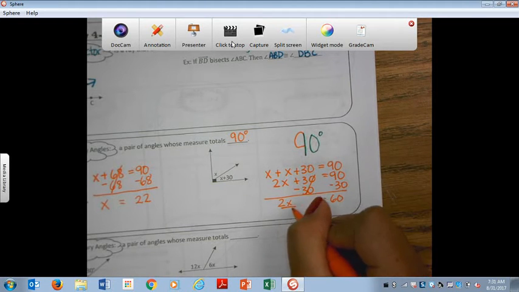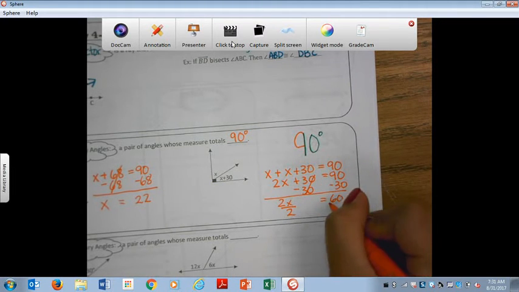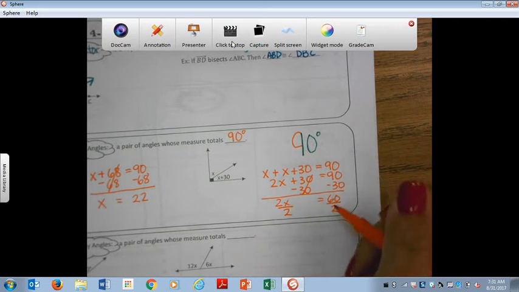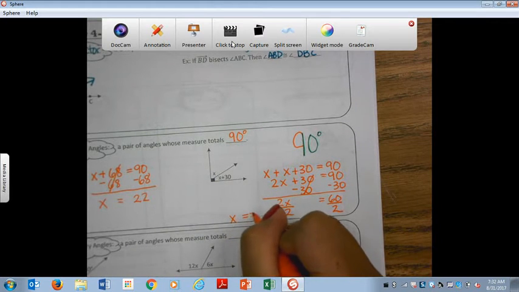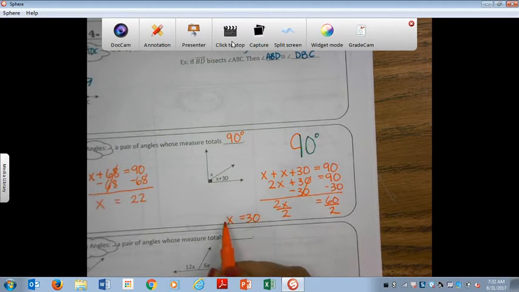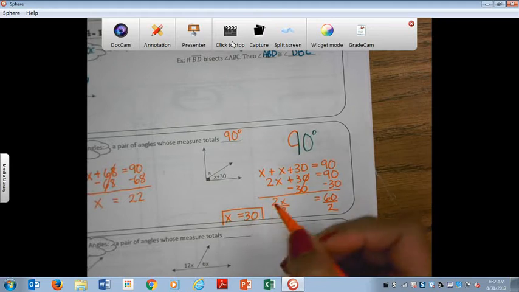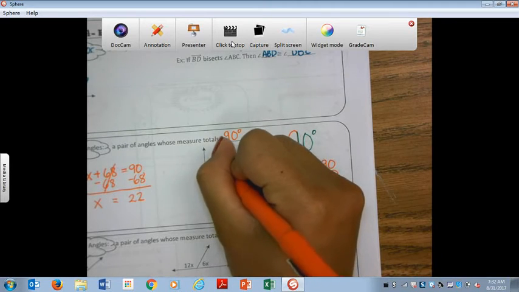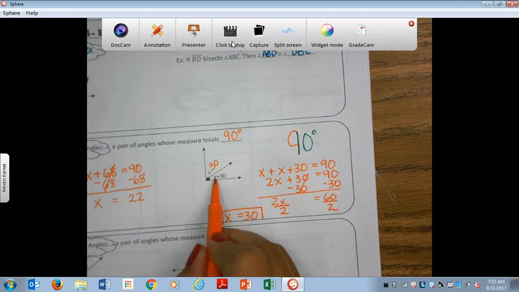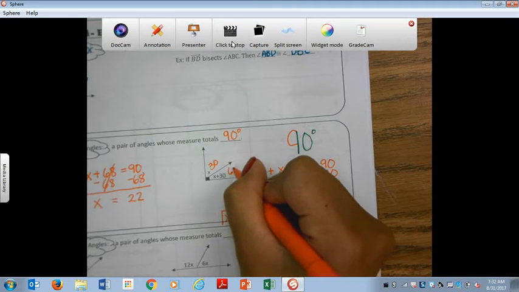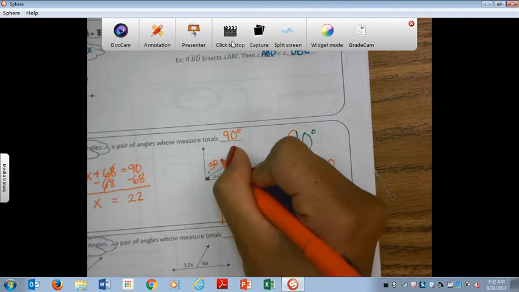You divide by 2, and then you would get 30. Let's check that. So anytime you see the x, it would be 30. So if this angle is 30, this would be 30 plus 30 is 60. 30 and 60 add up to 90.